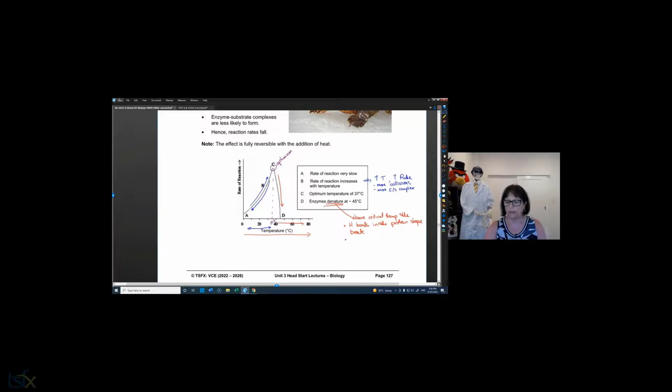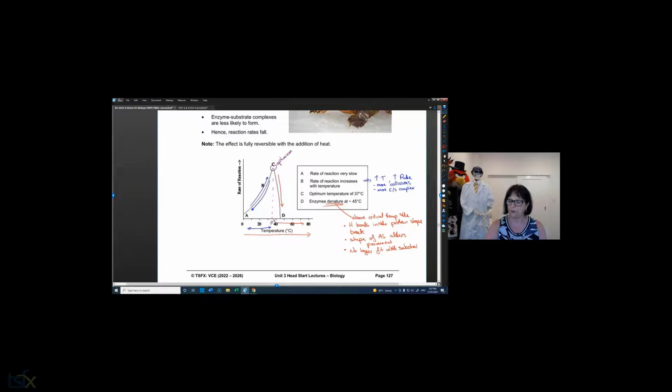When they break, the shape of the active site alters because the shape is being held by bonding. So if you break the bonds, the shape will alter. And it is a permanent altering. And so it will no longer fit with the substrate.